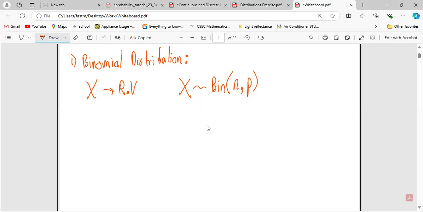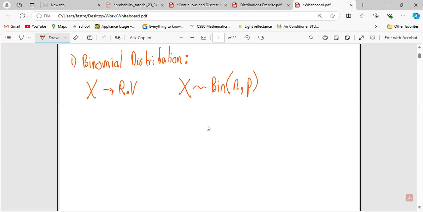You're doing something a certain number of times and you want to know the probability of succeeding a certain number of times. You're doing it over and over. They could say you write the exam 20 times, and they want to know the probability that you pass 7 times.